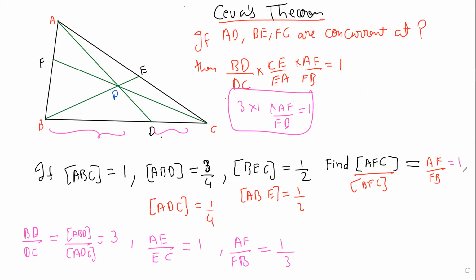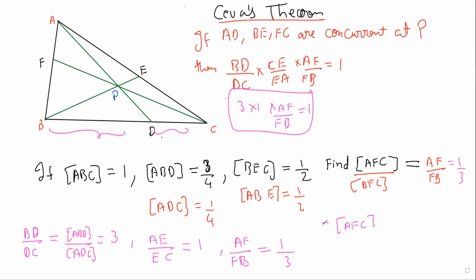So now you tell me what should be the area of AFC. The area of AFC by the area of BFC is 1/3. It should be 1/4 of the whole thing, right? And so that is easy. So let's just finish it.